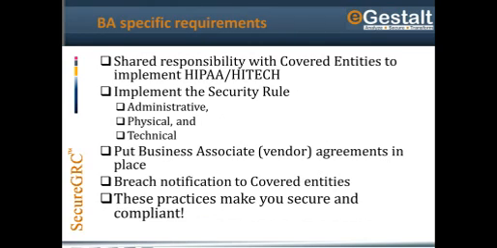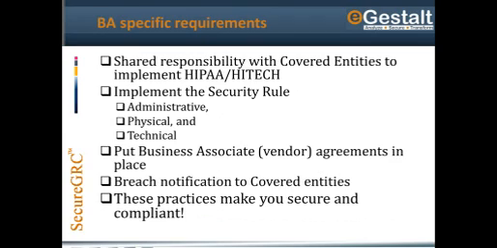From the BA and the vendor perspective, they also share a responsibility with the covered entities to implement HIPAA HITECH, to implement the security rule, put safeguard measures in place, and put vendor agreements with their subcontractors.